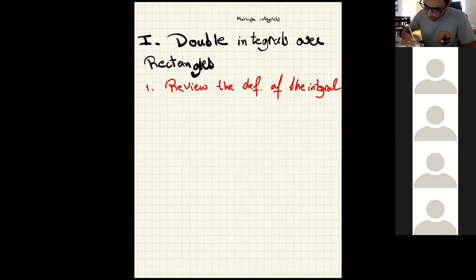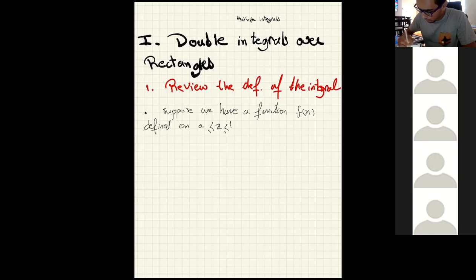All right. So we'll start with the definition of a one variable function. So suppose you have a function f(x) defined on an interval x between a and b.